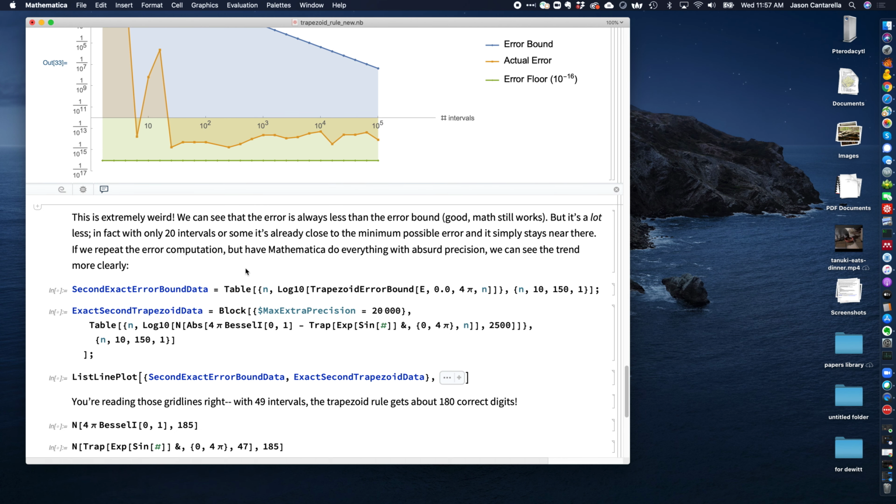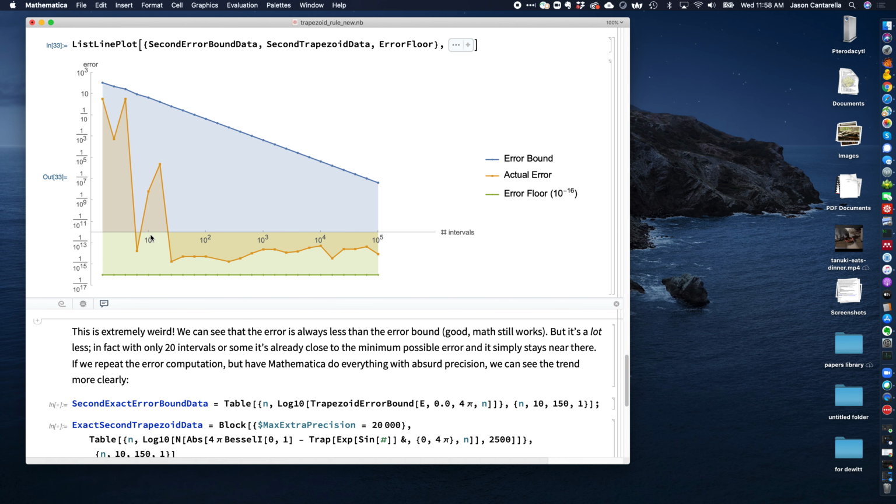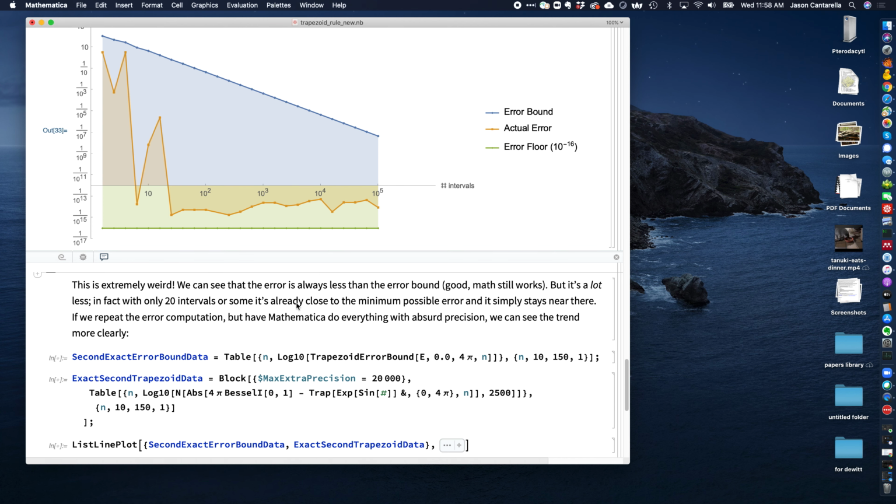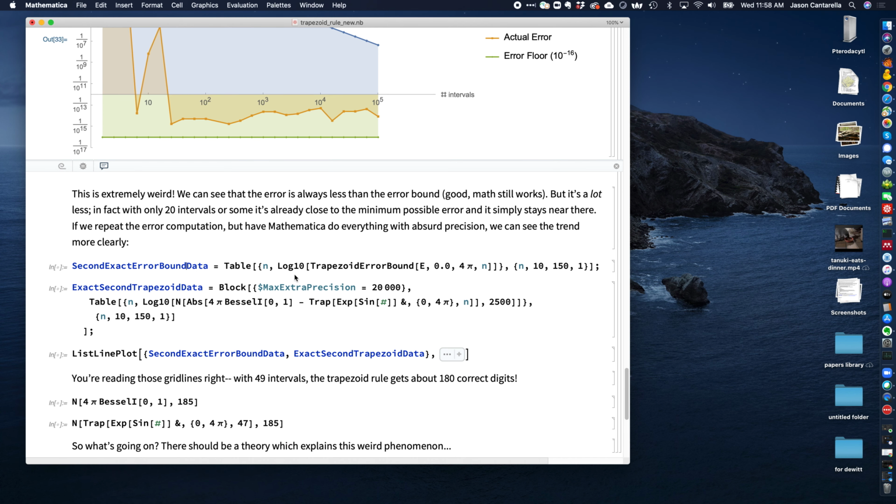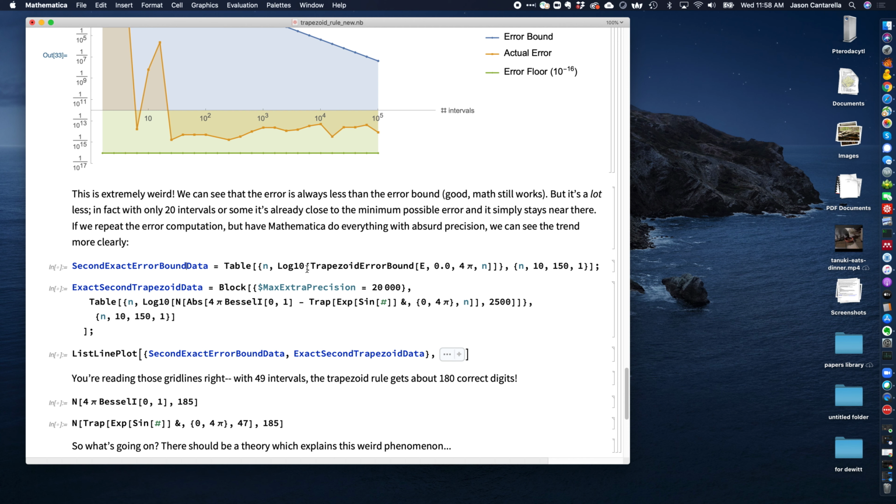So let's take a look more clearly in the range between, say, 10 and 150 intervals. So this time we'll make a log plot rather than a log-log plot. So we'll display the actual number of intervals against the log of the error.